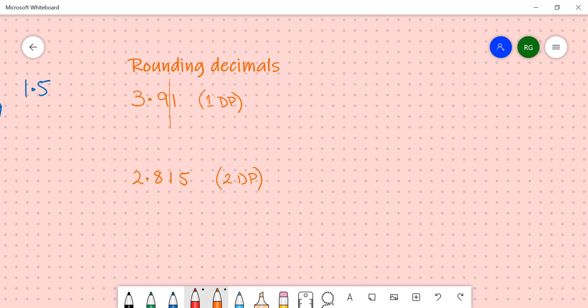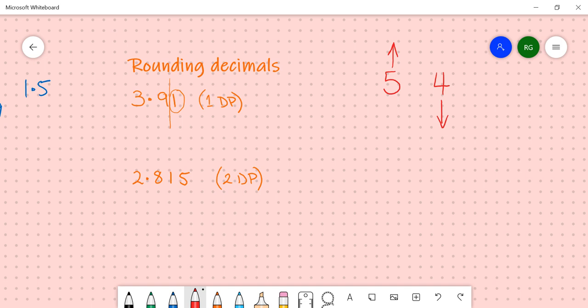We look at that number after the first decimal place and ask ourselves, do we round this number up or do we round it down? Our golden rule is if it's 5 or higher, we go up. If it's 4 or lower, we go down. So if it's 4, 3, 2, 1, or 0, we go down. If it's 5, 6, 7, 8, 9, we go up.